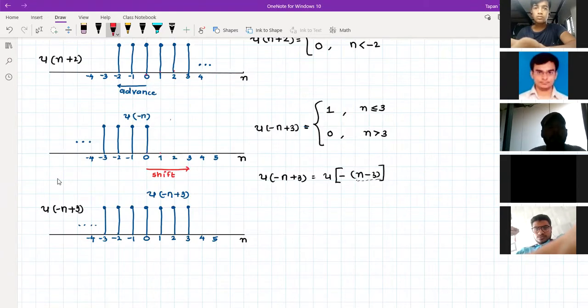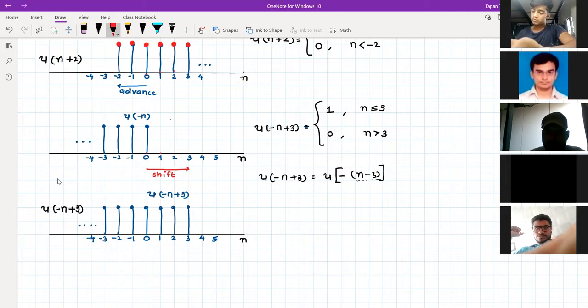I will show you. See, from 3 to minus 2, look at the first waveform and the third waveform.